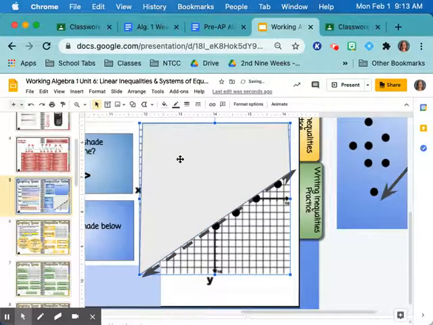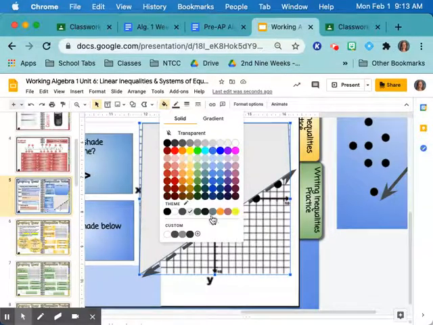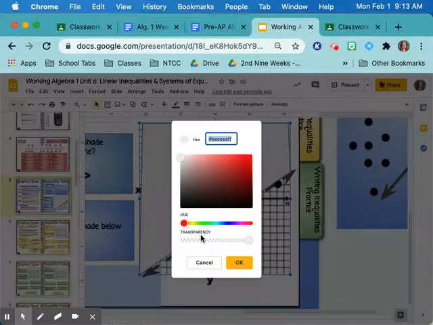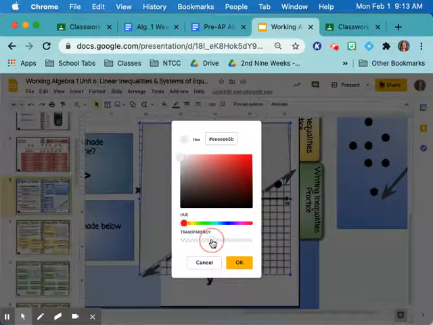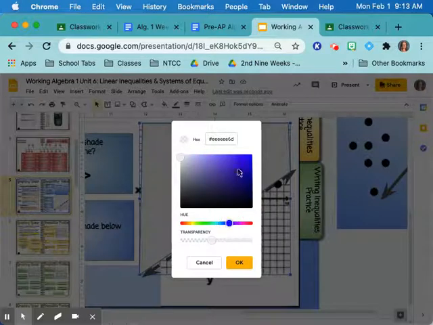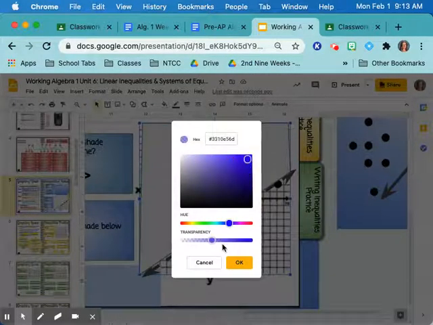Okay, and then we want to change this so we can actually see through it. So go up here to fill color, and we are going to do a custom color. So click on the plus, and I'm going to make mine more transparent. I think I'm going to make it blue. Blue, but the transparent blue, or purple, I don't know.